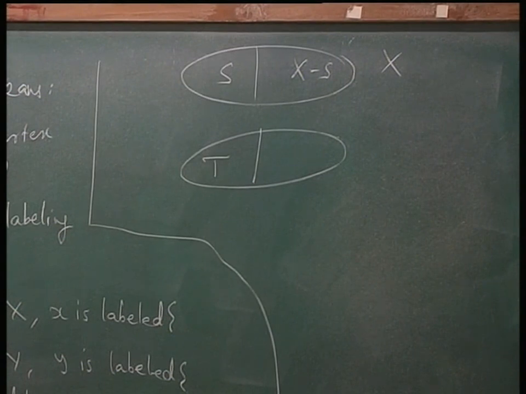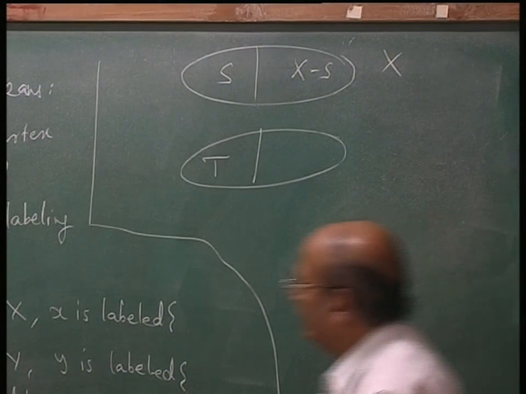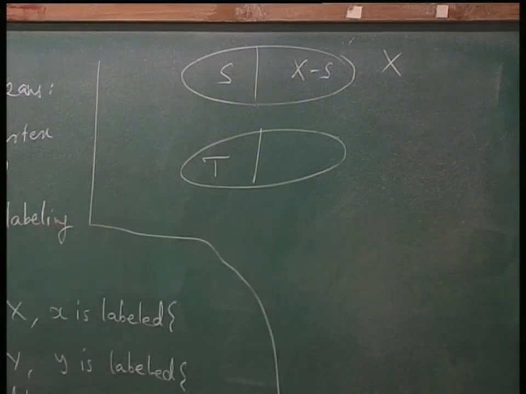Every vertex in T is saturated. That is clear. Why is that? Because if T does have an unsaturated vertex, then that is what we mean by breakthrough. That is exactly the definition of breakthrough.